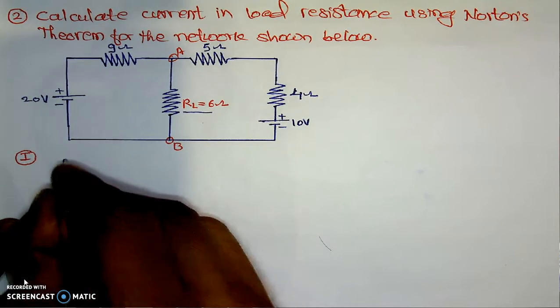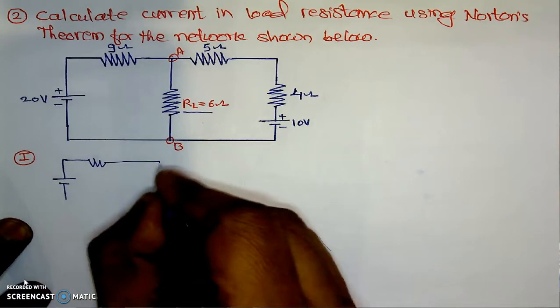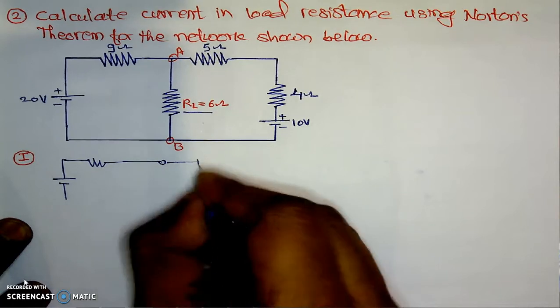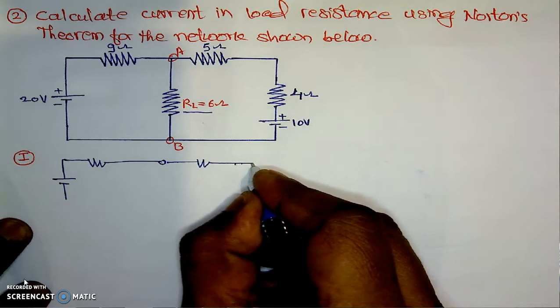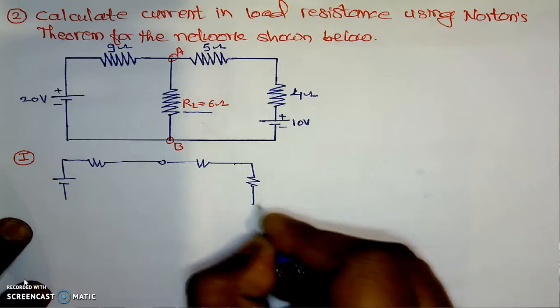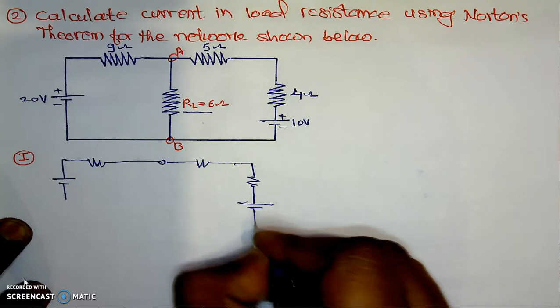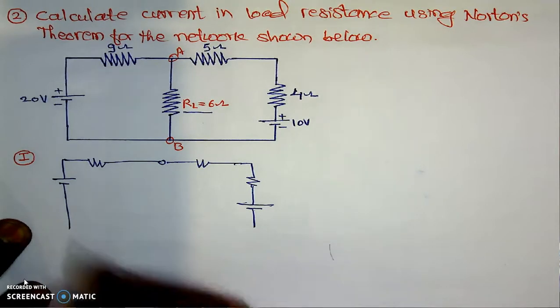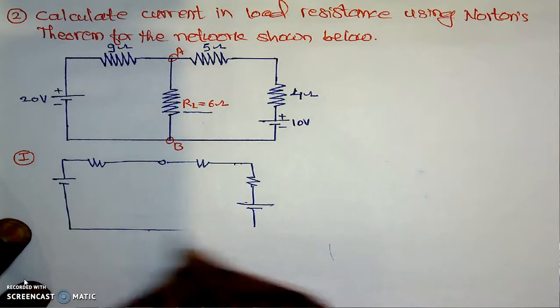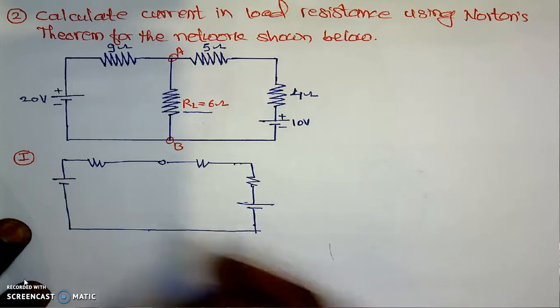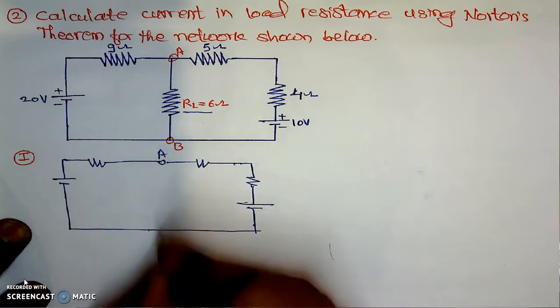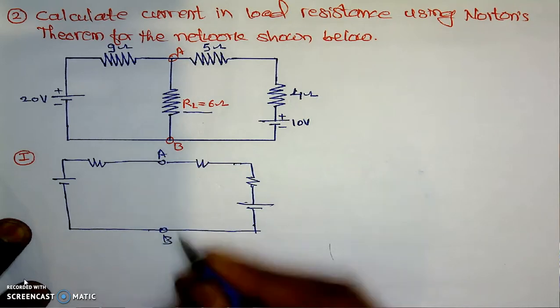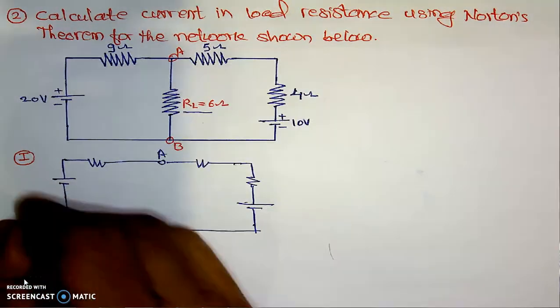Here we are redrawing the same circuit by removing the load resistance and shorting its output terminals. There is the A terminal, this is the B terminal. Here this load resistance is removed.